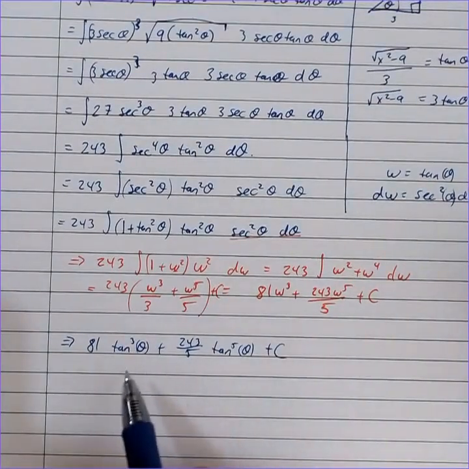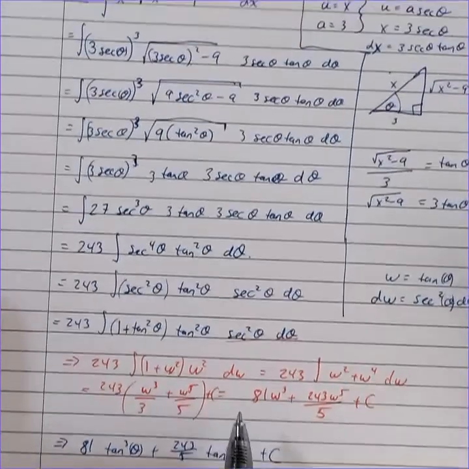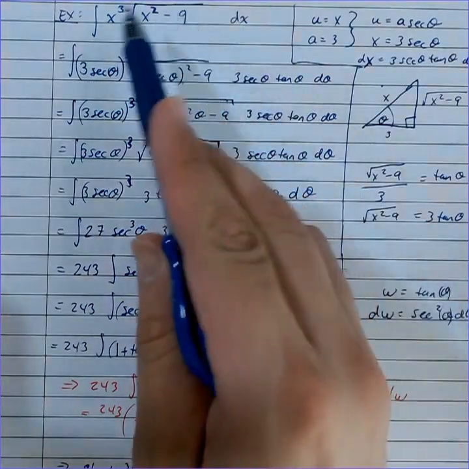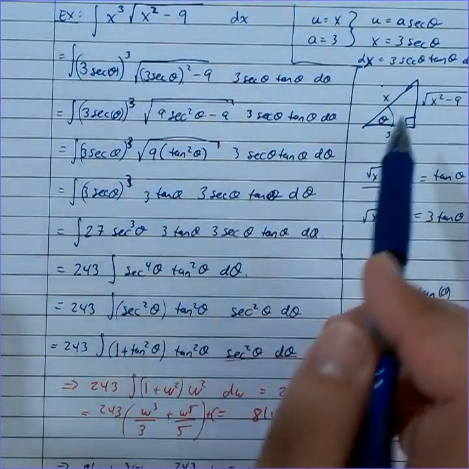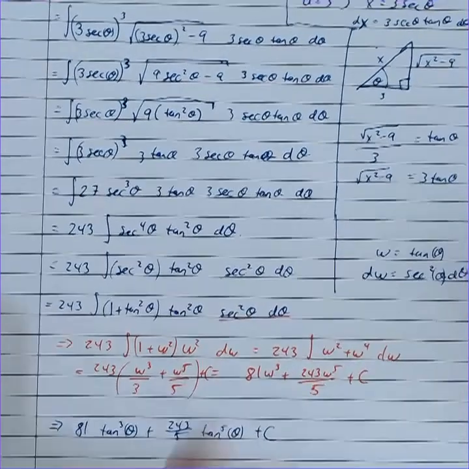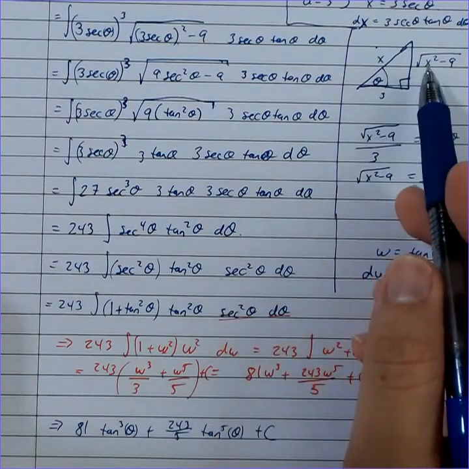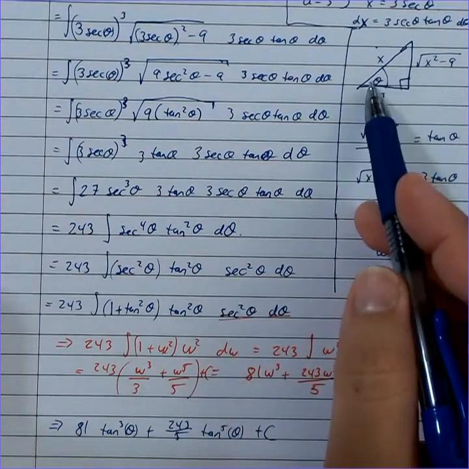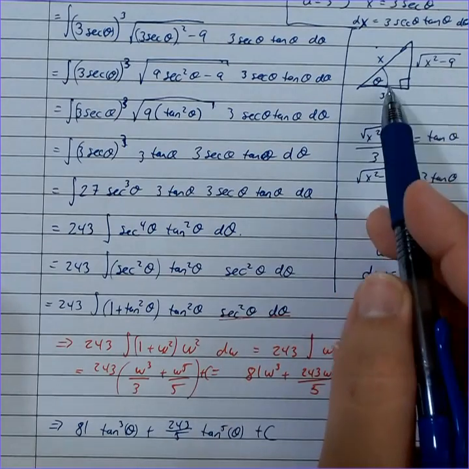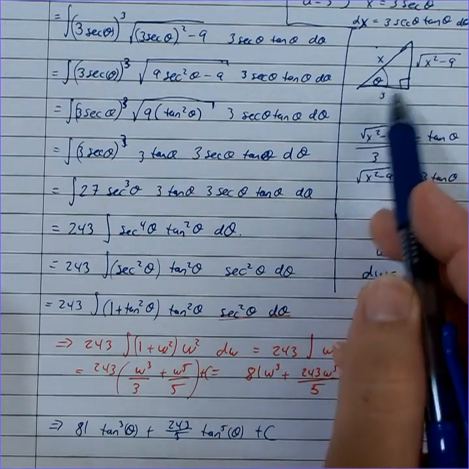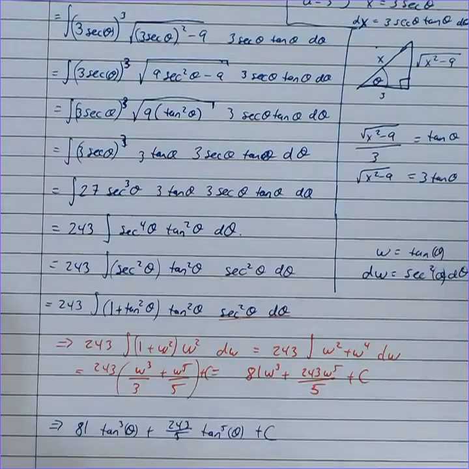Note that we do have expressions in terms of theta. We're not back to expressions in terms of x yet, but this triangle will help us resolve that as well. We can take tangent of theta, and we can represent that using this triangle by taking the side opposite divided by the side adjacent of the angle theta. So that's going to be that square root over 3.